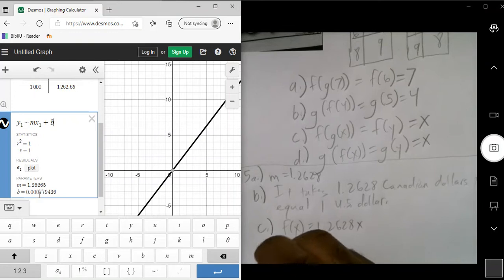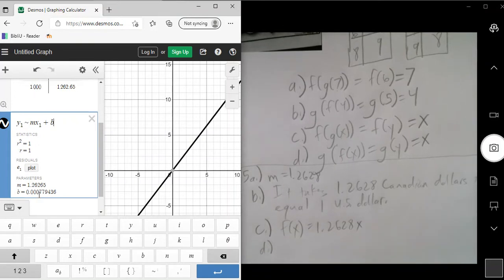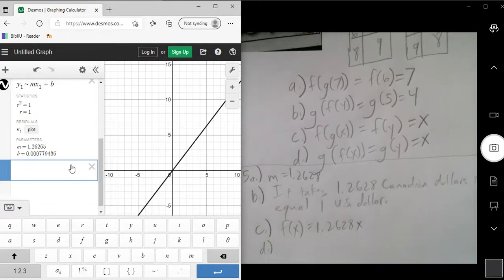Now we go to D. D says use the equation to determine f of 3000. Explain the practical meaning of this situation. Let's put it in.